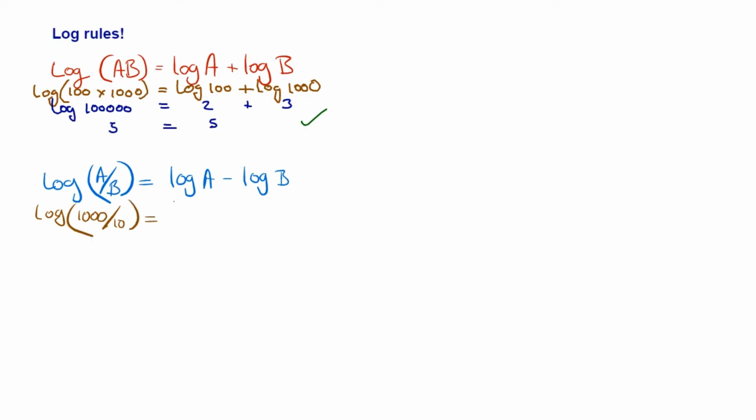According to this rule, that should be the log of 1,000 minus the log of 10. To see that it works, we'll put some numbers in there. 1,000 divided by 10 is 100, so we've really got the log of 100 there, which we know is 2. On the right-hand side, we've got the log of 1,000, which we know is 3, minus 1, because the log of 10, what you have to raise 10 to to get 10, is 1. And so we can see that that also checks out. Everything's working, and it makes sense why that should be a rule that we can rely on.